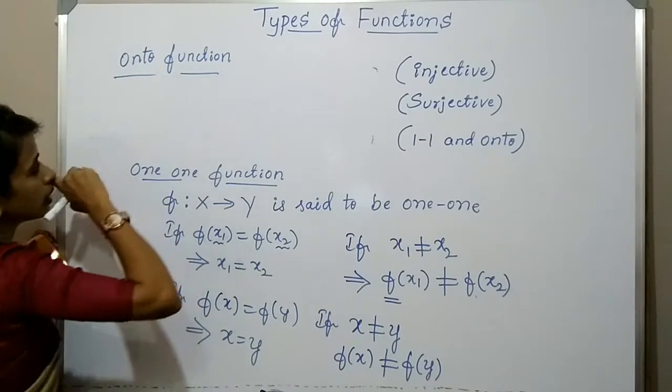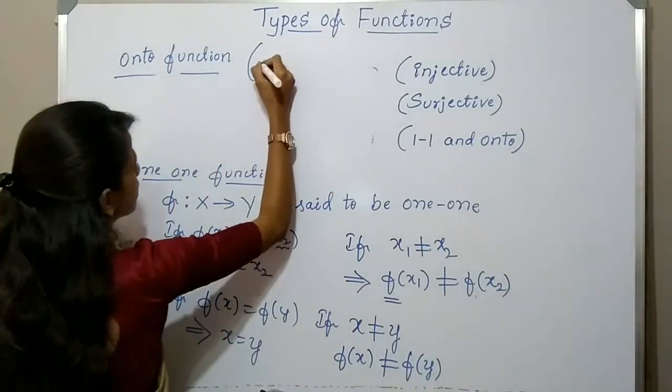Next, the other name for onto function is what? Surjective.